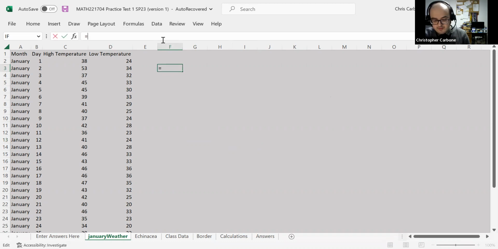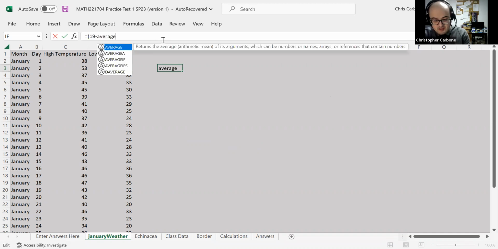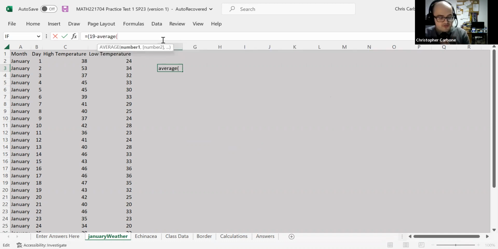What we are going to type for this, we are going to take the specific value that we are going to use for the high temperature of 19 degrees and subtract the average of the high temperatures. So high temperatures are in the C column here. So this would be average, then in parentheses, C:C.